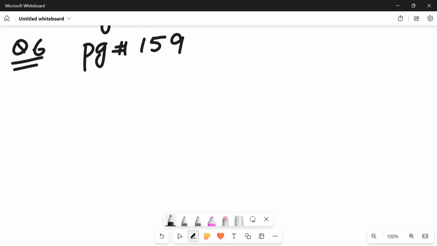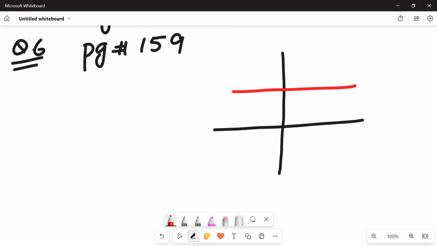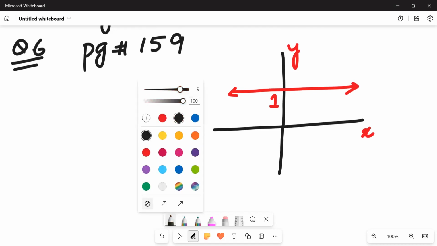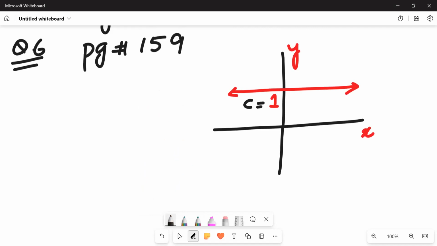Okay, now here according to this line, it is mentioned 1, and this is the line that is parallel to the x-axis. So c is equal to 1, meaning the intercept is 1, and because this line is parallel to the x-axis, its gradient is 0.